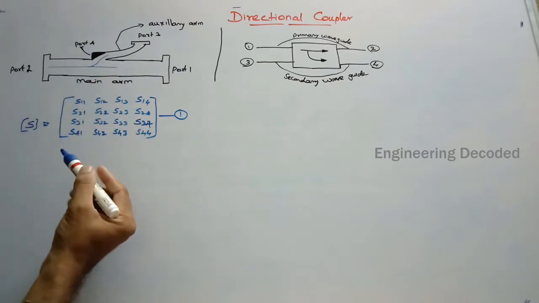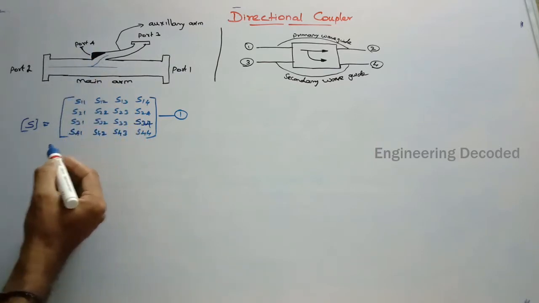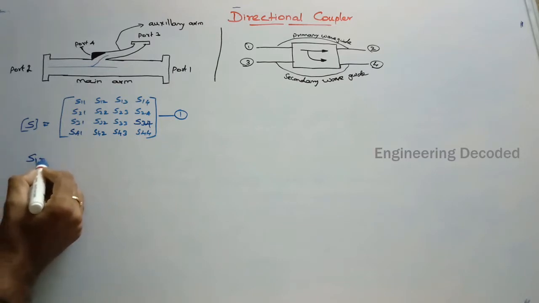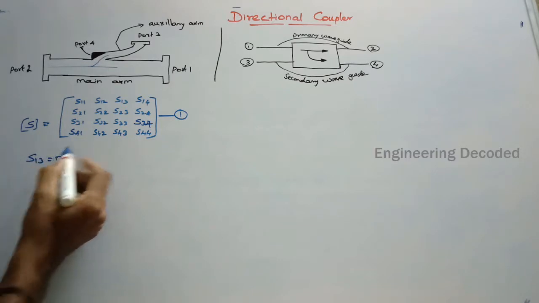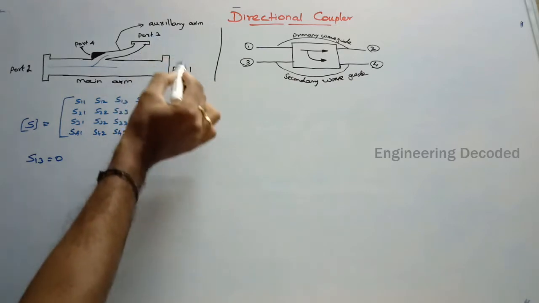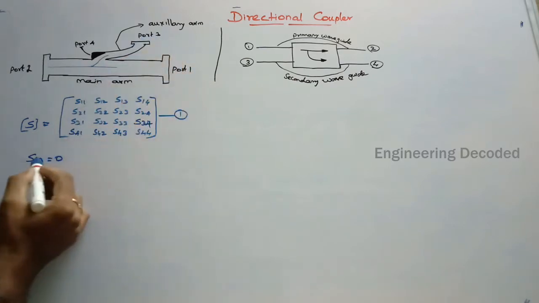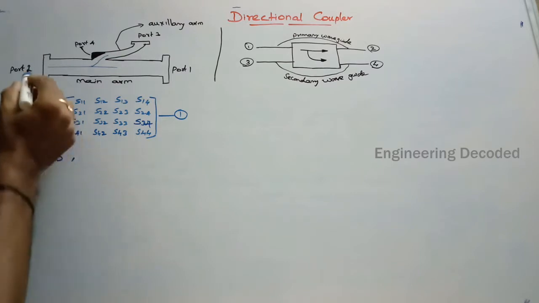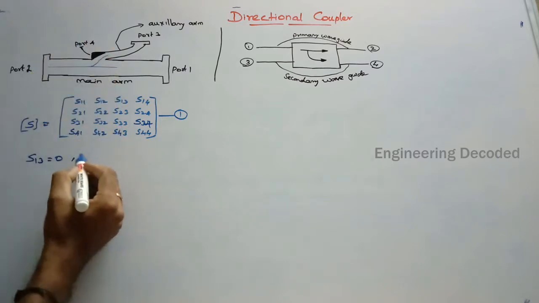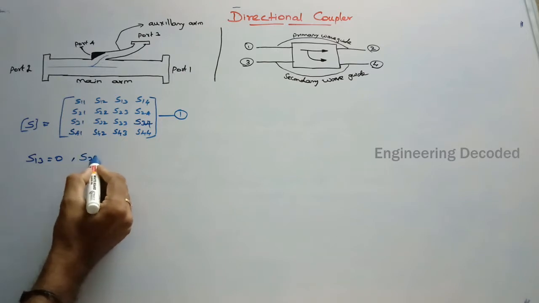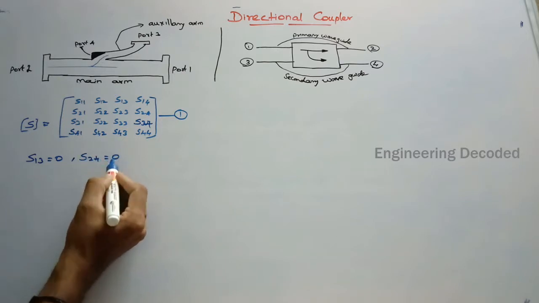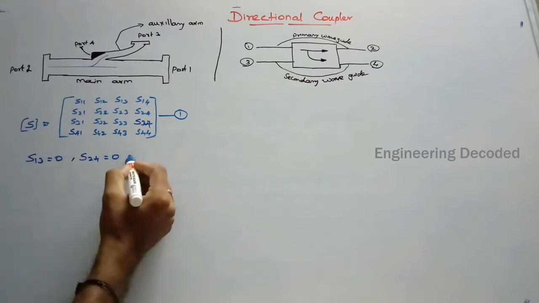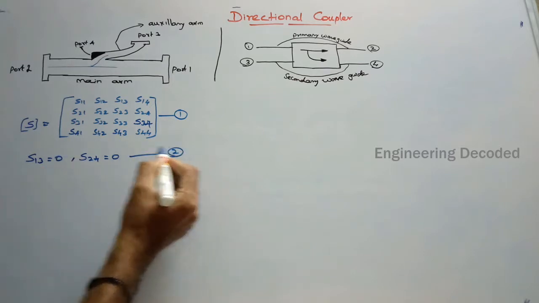So we can write S13 equal to 0. The connection between port 1 and 3, there is no connection. So S13 equal to 0. Similarly, for this port, we can write S24 is equal to 0. Now we can mark this one as equation number 2.